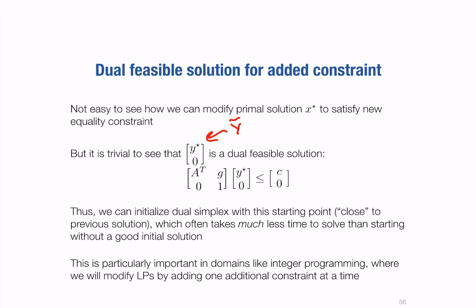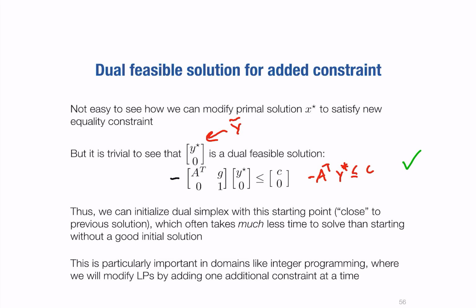It's easy to see that this is now satisfied, right? Because this would actually be negative, if we want to keep exactly with the context we had before. What is this saying? This is saying that negative A transpose y star is less than or equal to c. That is true because that was true of our old optimal solution.